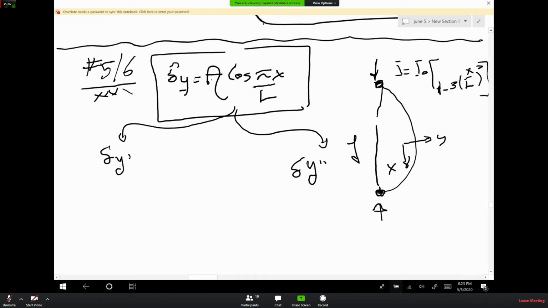Delta y dash will be minus A pi over L sine pi x over L, and here it will be minus A pi square.